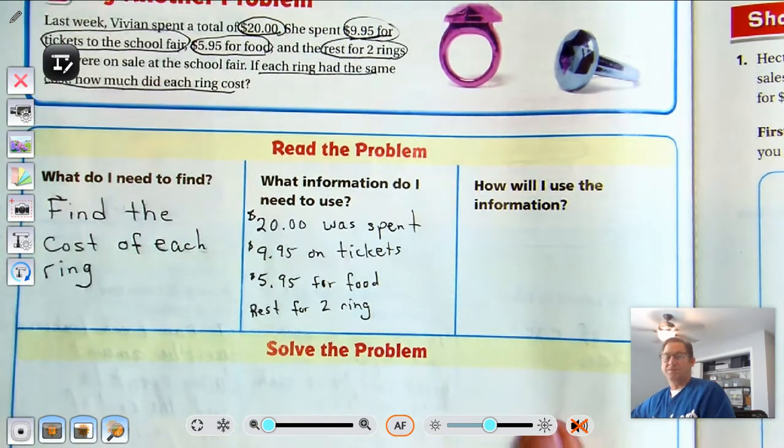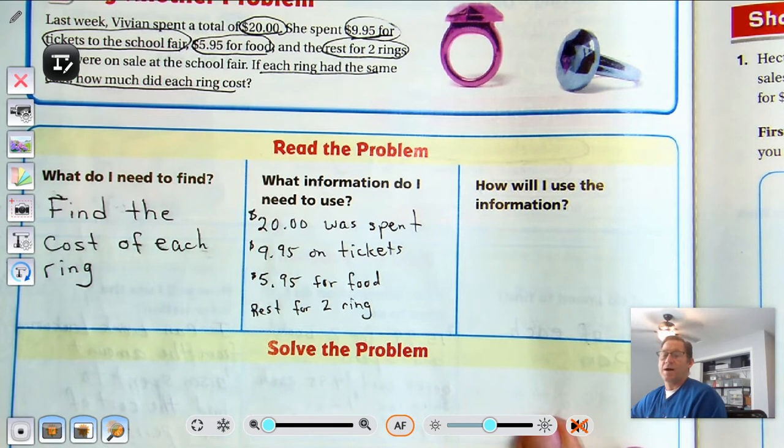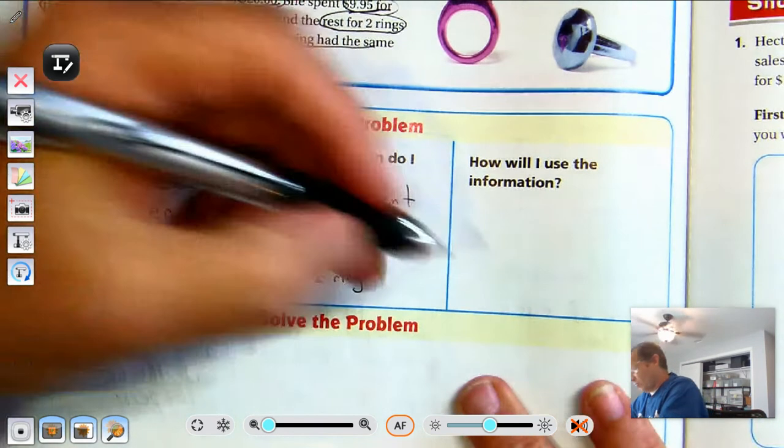How will I use this information? So again, in this lesson, we're practicing using flowcharts to work backwards. So we're going to work backwards.